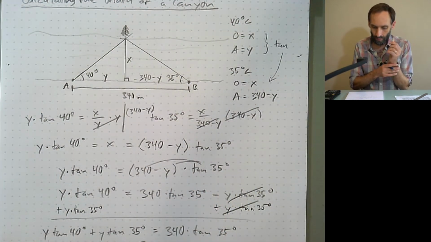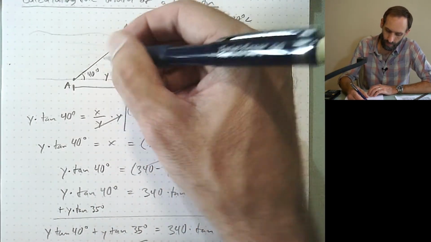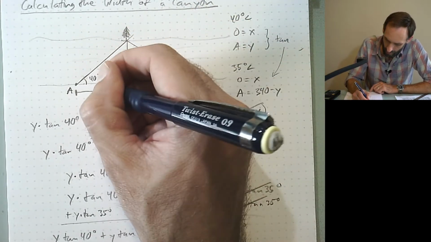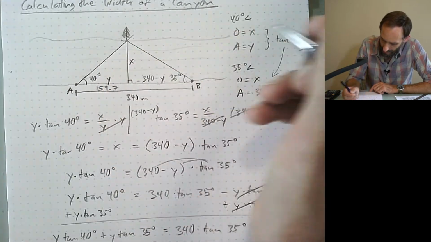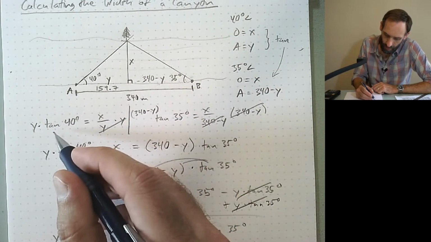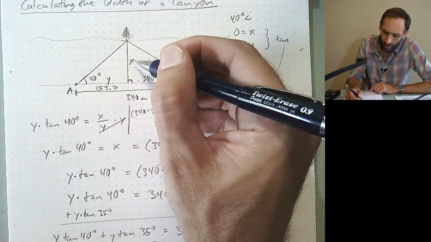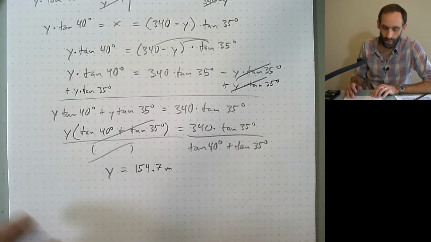But the advantage is now I can say, instead of y here, I can put 154.7 meters. And then in this ratio that I set up, the tangent of 40 degrees, I can say x over this instead of x over y. So let's go ahead and do that.